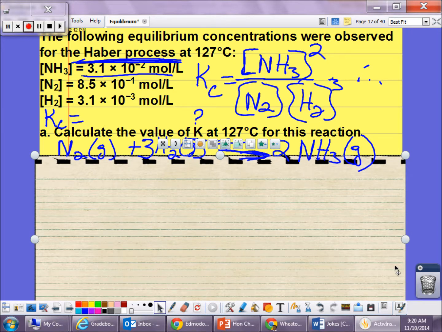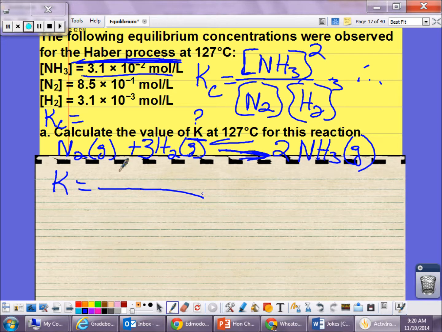All right, let's go with K equal. And then I just check here. Now that I'm using numbers, I don't use square brackets, I can use parentheses.